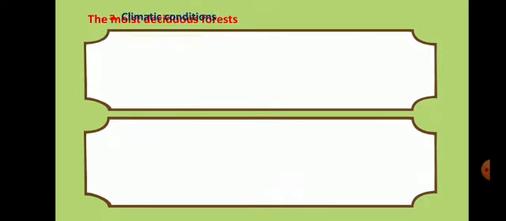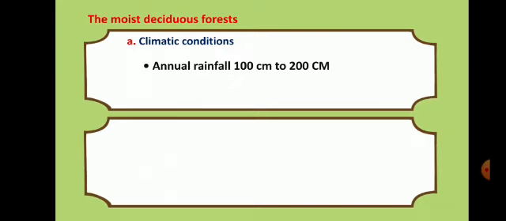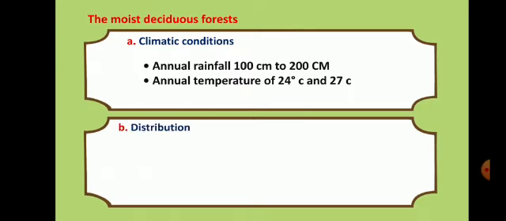So the climatic conditions. The annual rainfall is 100 centimeters to 200 centimeters and the temperature is 24 degrees Celsius to 27 degrees Celsius.